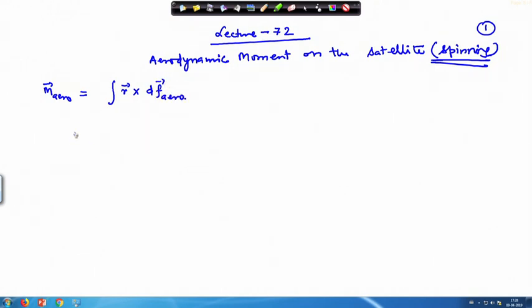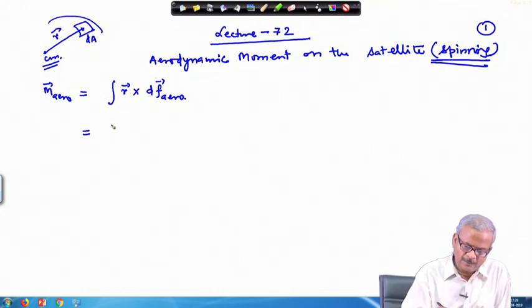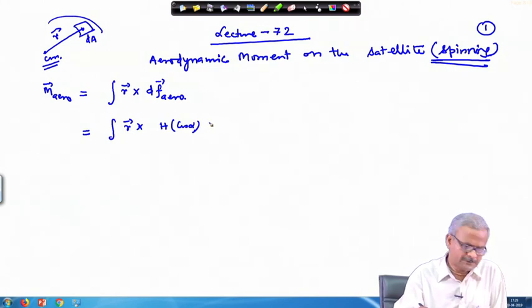This is the basic equation, where r is the distance of the point of the elemental area from the center of mass of the satellite. We need to insert all those values we have written earlier. So this can be written as h cos alpha, and dF arrow we have to insert.